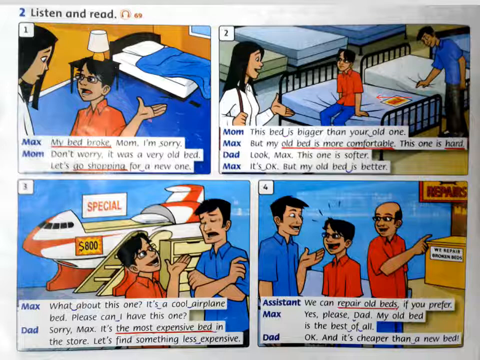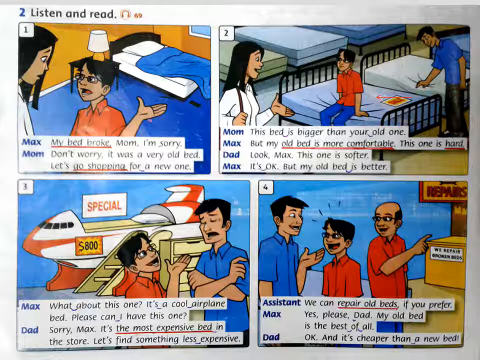What about this one? It's a cool airplane bed. Please, can I have this one? Sorry, Max. It's the most expensive bed in the store. Let's find something less expensive. We can repair old beds if you prefer. Yes, please, Dad. My old bed is the best of all. Okay. And it's cheaper than a new bed.